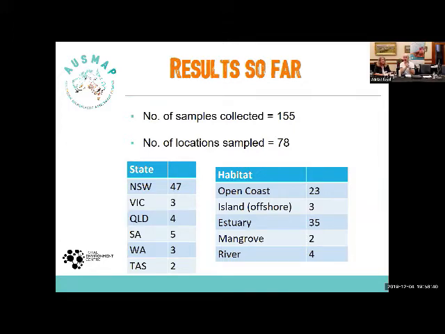Most are from New South Wales because that's where we started and spread out from, but you can see there are different numbers from each state. We've also looked at different habitat types, although most of it is either coastal or estuarine. We do have some offshore islands, some mangrove sites, and some freshwater sites on rivers.